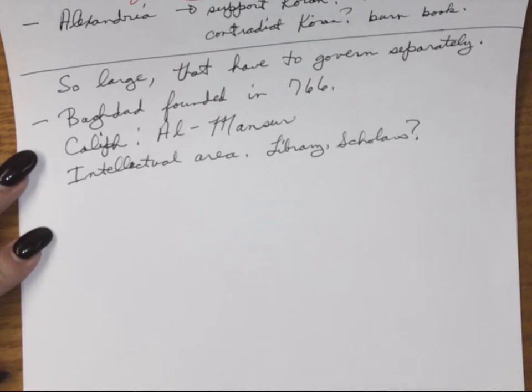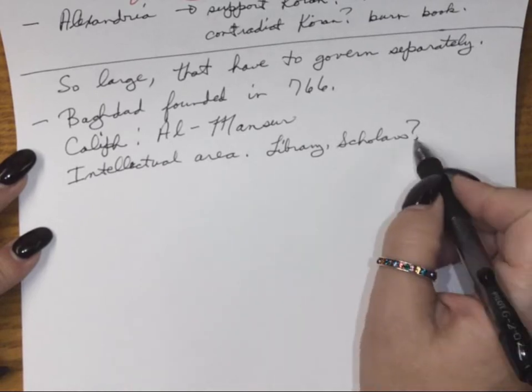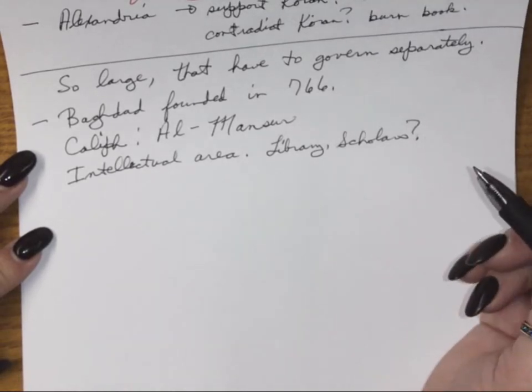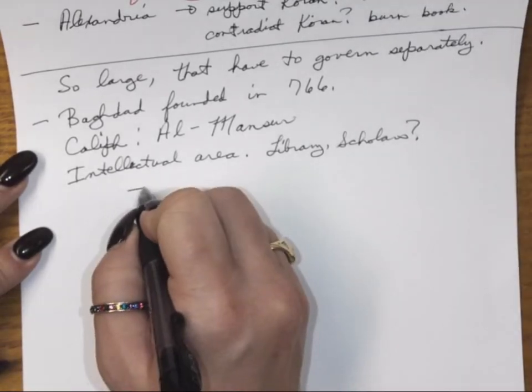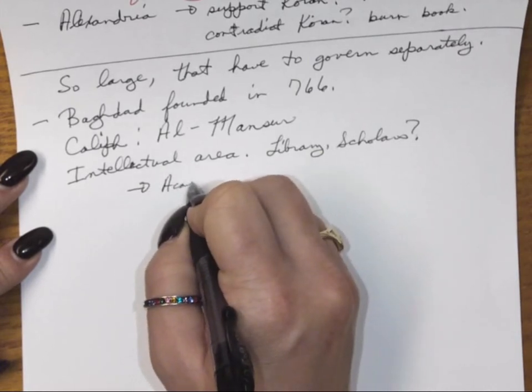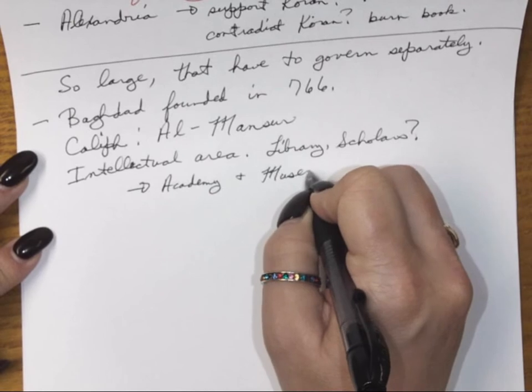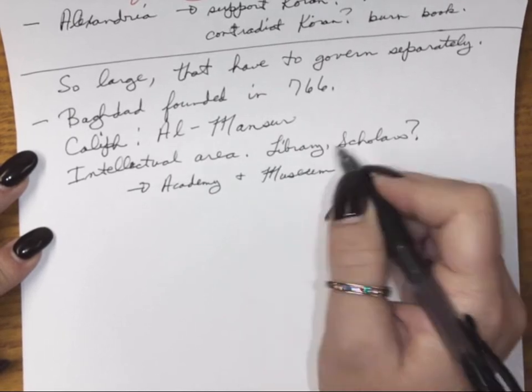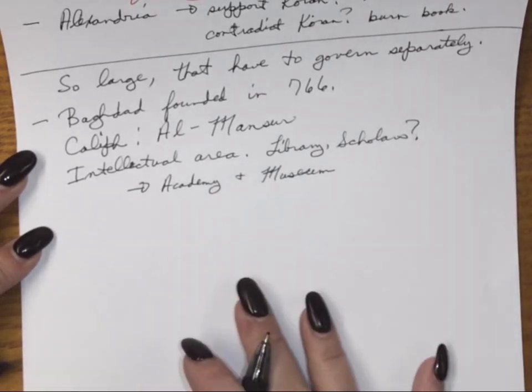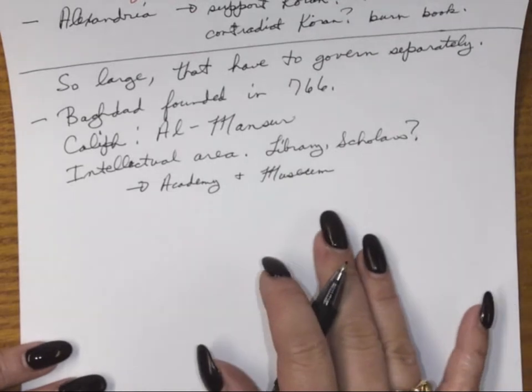He establishes something, well, it's actually a different person that establishes it, but in this area, we start bringing in scholars. And where are we going to bring in scholars who know a lot of different things, maybe mathematics or this or that? So he brings in people from the academy, and he brings in people from the museum. So a lot of these are going to be more Greek-based mathematics and things like that.